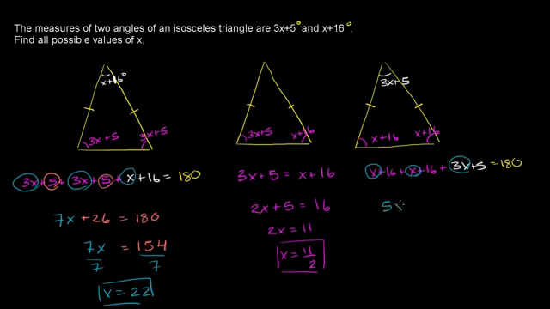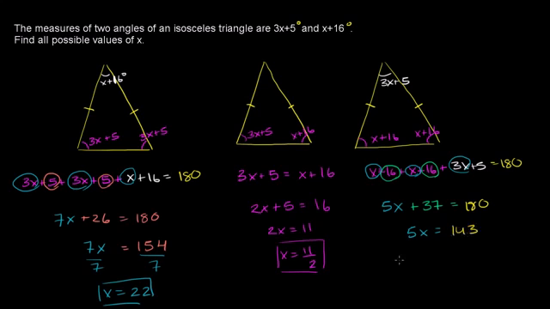So we get 5x, and then you have 16 plus 16 is 32. 32 plus 5 is 37. Plus 37 is equal to 180 degrees. Subtract 37 from both sides, and we get 5x is equal to 180 minus 30 is 150, so that gets us to 143.